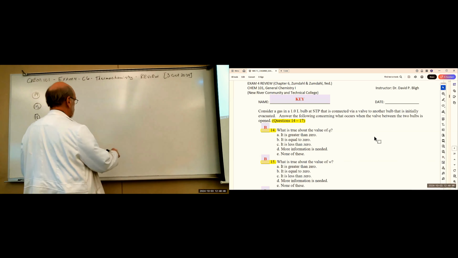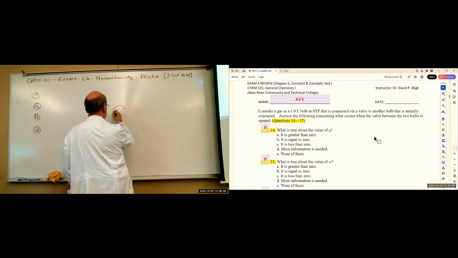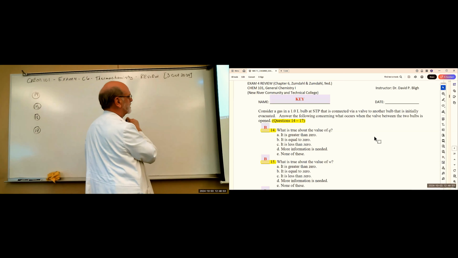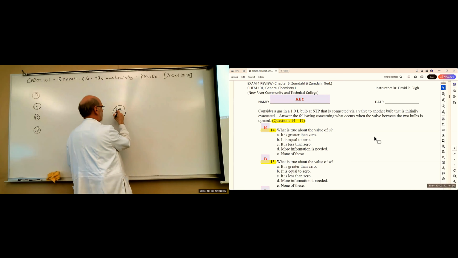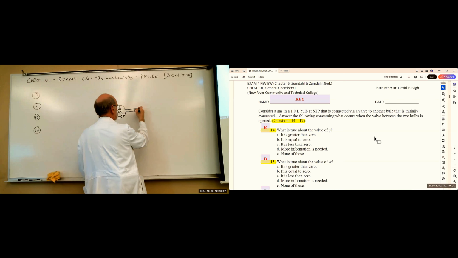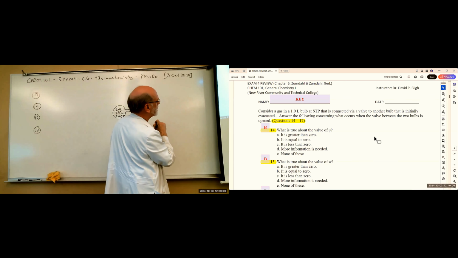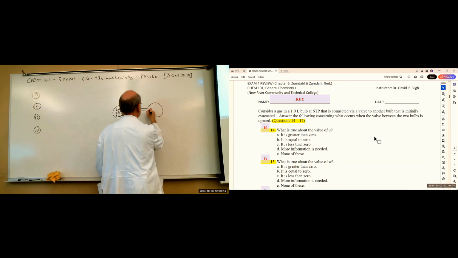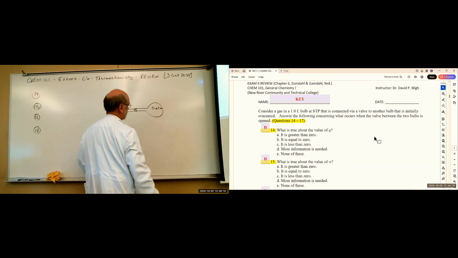Okay, so we've got this 1 liter bulb. All right, at standard temperature, in this case would be 25 degrees C. And pressure, 1 atmosphere. And is connected to another bulb. And let's see, doesn't say what size it is. It just says 0 atmospheres. This is a vacuum.